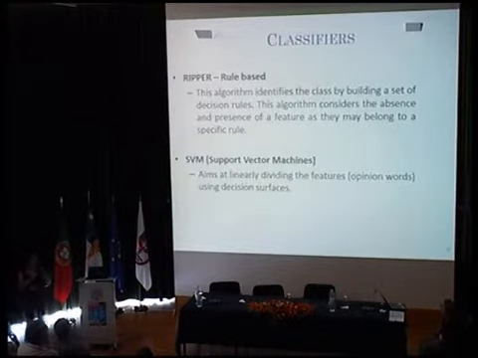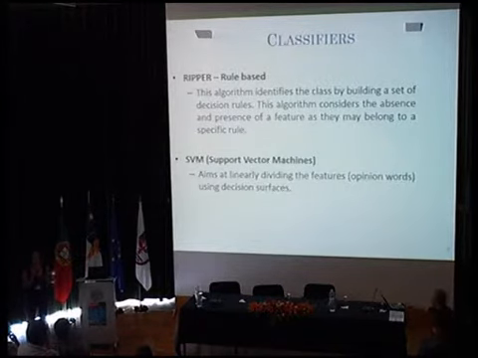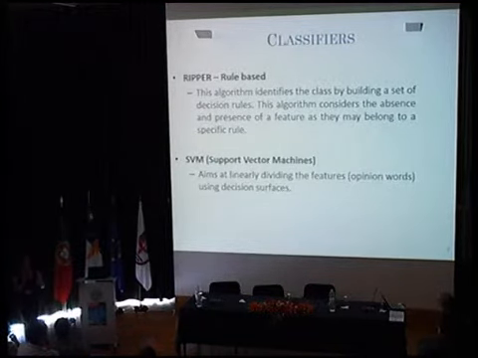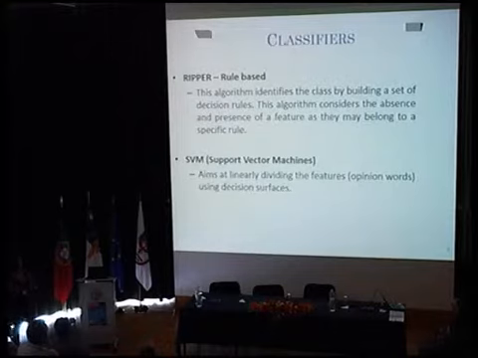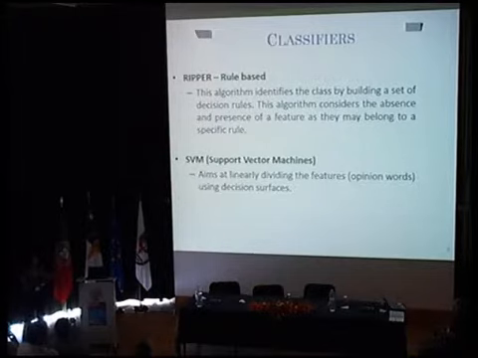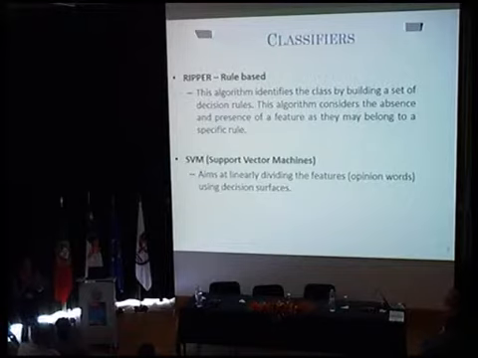So, as I mentioned, we want to see which techniques and which classifiers are the best to perform this task. So we chose 3 different classifiers. We chose a rule-based classifier, which is Ripper, and the support vector machines, which is well known as a fairly good classifier when we have a large amount of features.